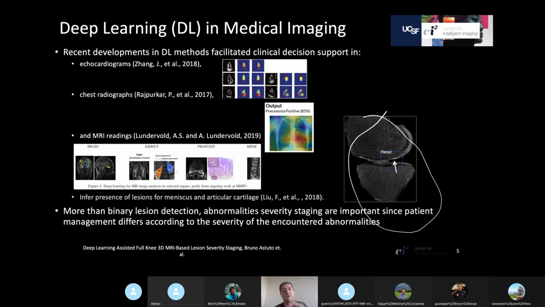Is it a mild lesion or a severe lesion? This is very important in the clinical setting, to be able to detect that and assess the level of severity of the lesions if they are present.